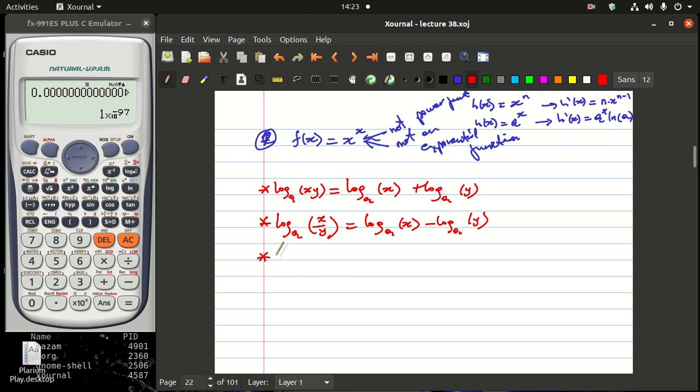And we also said that whenever you have log base a of x to the power b, we can always bring this one down here and say this is going to be b log base a of x. And then we also know that whenever you have log base a of x, this is just the same as log base b of x divided by log base b of a.